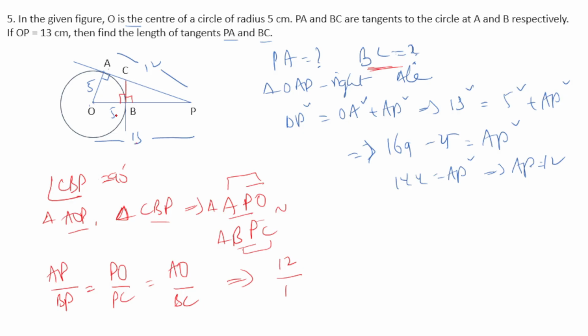BP is what? It is 13 minus 5. It is 8. BP is 8 is equal to PO. PO is 13 and PC is what? We don't know what is PC. So we will not take this ratio. And here it is AO is equal to 5 divided by BC. Here it is 4 into 3, 4 into 2. So here BC is equal to 10 divided by 3 centimeters.